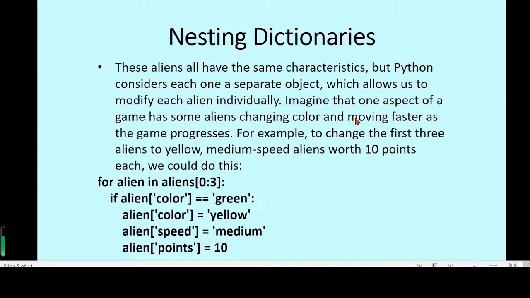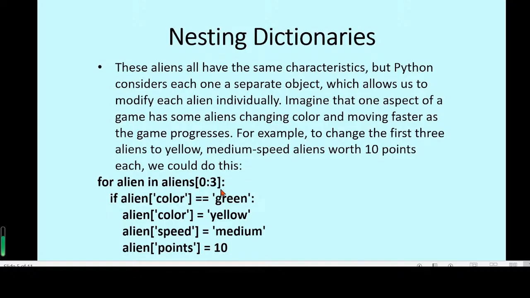So imagine that one aspect of a game has some aliens changing color and moving faster as the game progresses. For example, to change the first 3 aliens to yellow, medium speed, and worth 10 points each, we could do this.